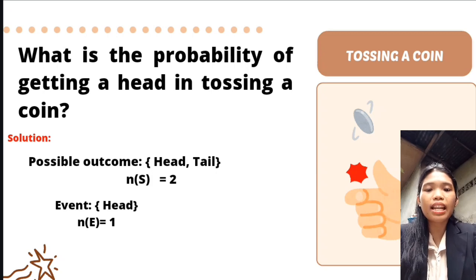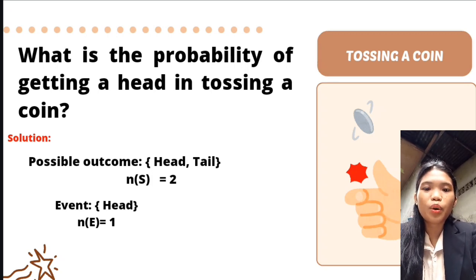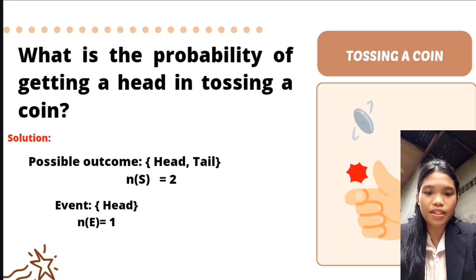Since it is only one coin, imagine a 1 peso coin, there are only 2 possible outcomes, which are the head or tail. In our own dialect, we can call it the hayang or kolob. The hayang means head, the kolob means the tail. So there are 2 possible outcomes.